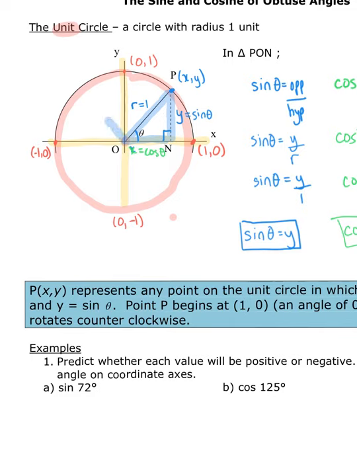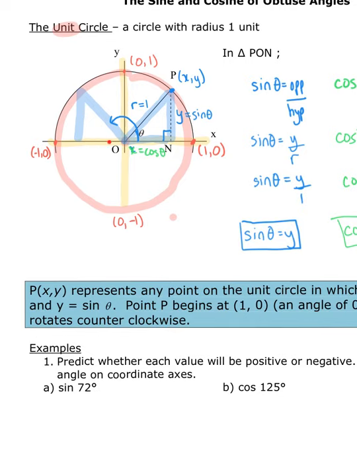But when you look at an obtuse angle, so you make a right angle triangle in the second quadrant, the angle starts at the positive x-axis and goes in the counterclockwise direction, it's greater than 90 degrees, and that's where you draw your hypotenuse of your triangle, or the radius, to the circle. So you make this right angle triangle in quadrant 2. Here, your x value is negative because you've gone to the left.